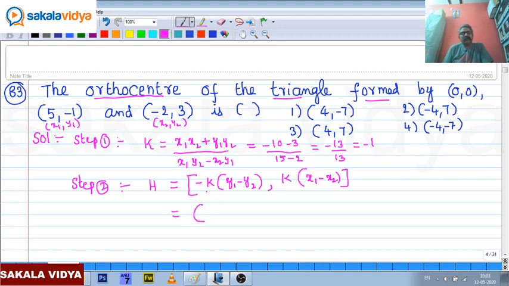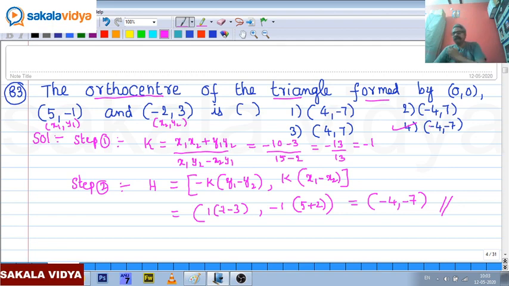So we have minus of minus 1 is 1 of (y1 minus y2), minus 1 minus 3, comma minus 1 of (x1 minus x2), which means 5 plus 2. So this equals (-4, -7). That means the fourth option is the right option.